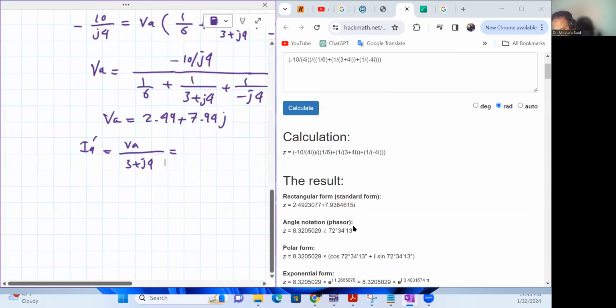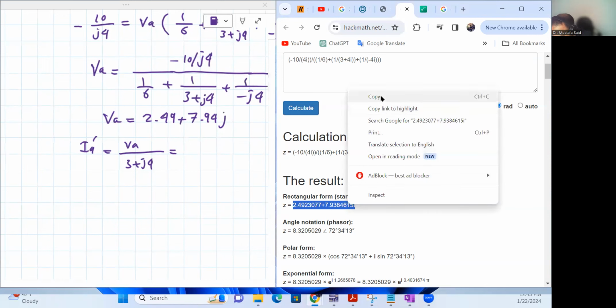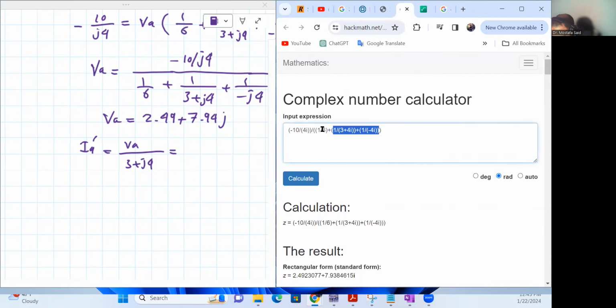Don't do anything else. Here in the same website, you take this, copy the parentheses, put it, then divide by 3 plus 4i. Again, 4i is different from i4 on this website.